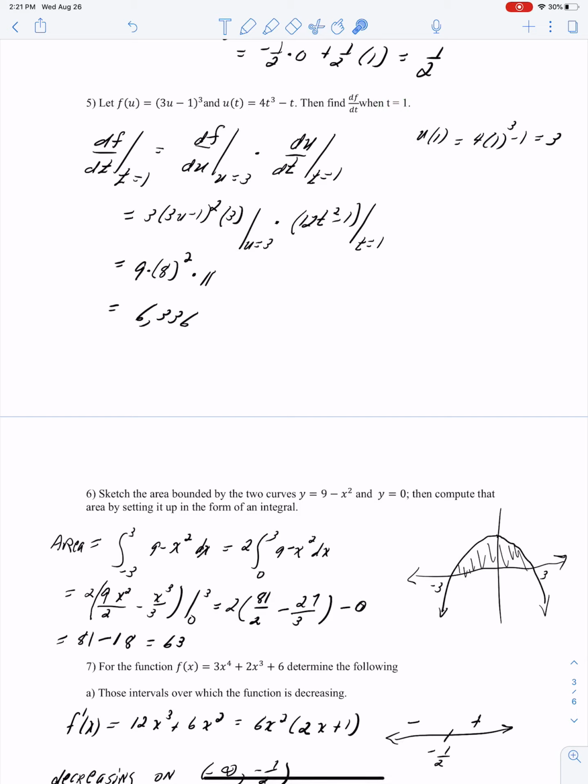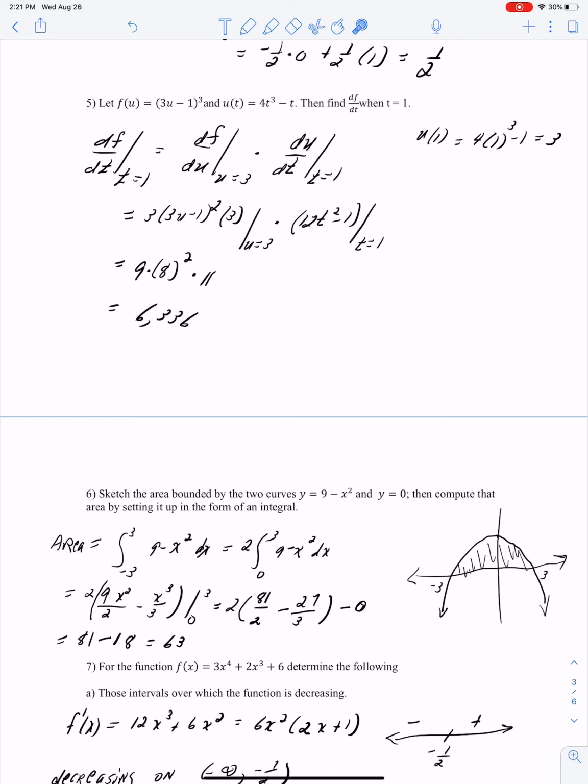All right, so one way to think about the chain rule is outside in. The other way to think about the chain rule is this. df/dt by the chain rule is the derivative of the outside, that is df/du, times the derivative of the inside, which is du/dt.